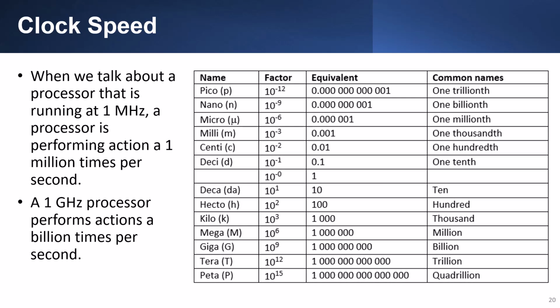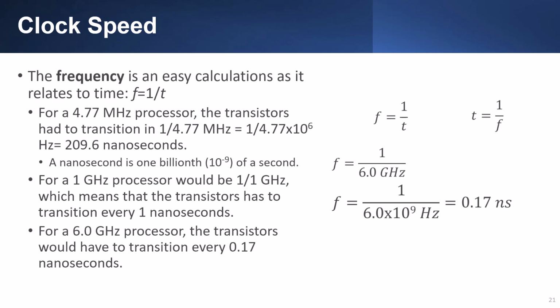Looking at the metric table, a 1 MHz processor is performing action a million times per second. A 1 GHz processor is performing actions a billion times per second. The frequency is an easy calculation as it relates to time. Frequency equals 1 over time.